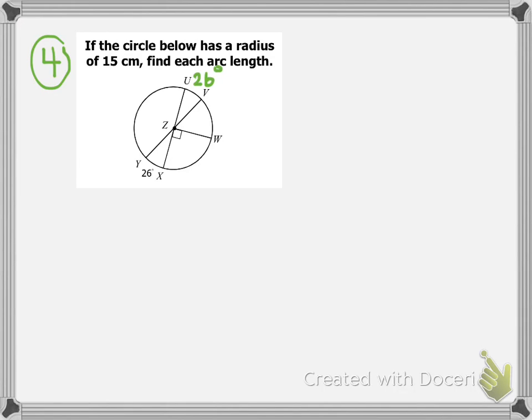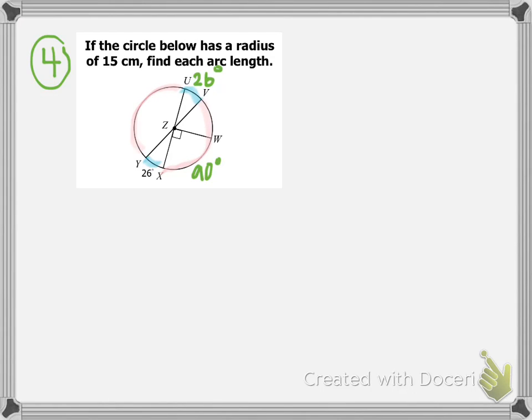This is a right angle, so this is going to be 90 degrees. Okay, so if that's 90 degrees, then we've got our 26. This is 26 degrees here, and this is 26 degrees. So these other two things are also going to be equal to each other.